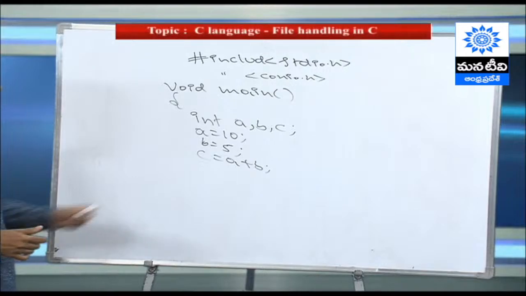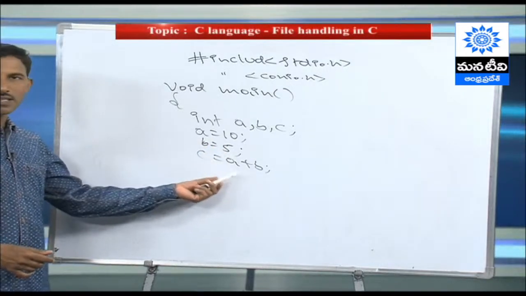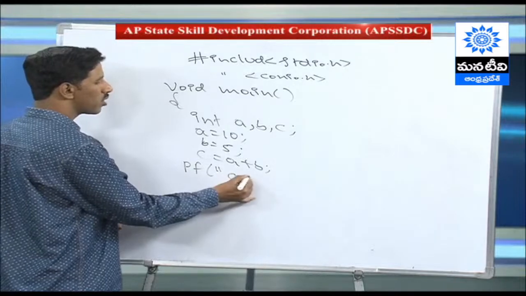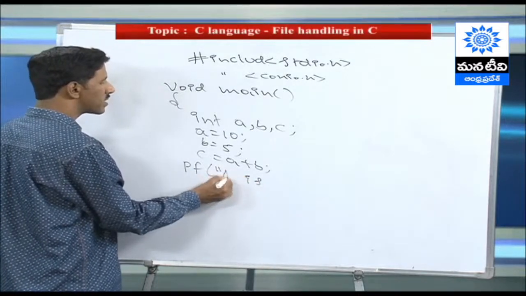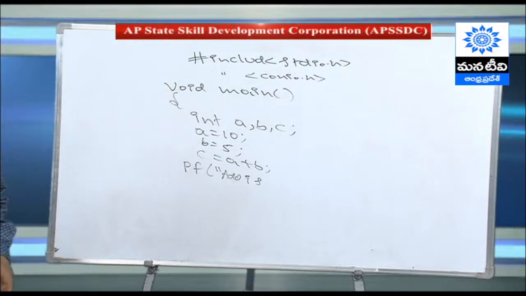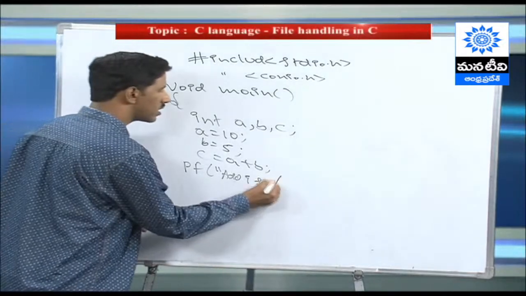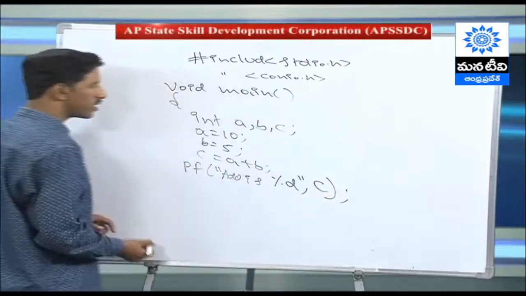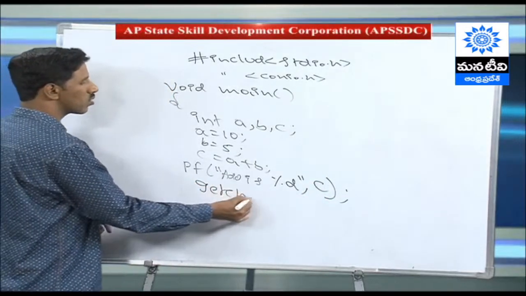I want to print the addition value. What is my message? Addition value is, I want to print that addition is %d, because integer c is to be printed, then getch at the end of this.